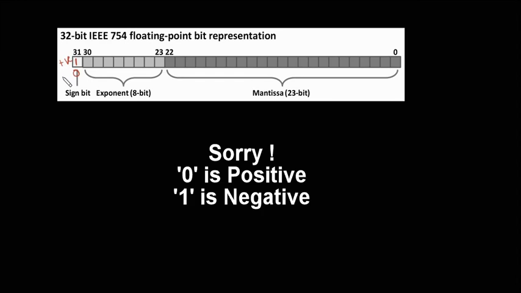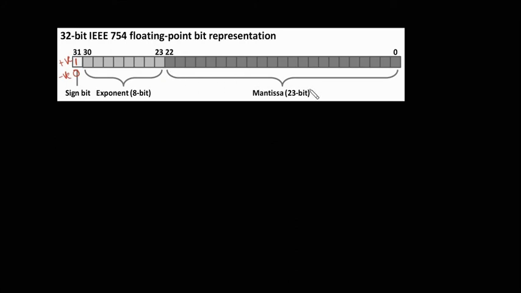If it is 0, then it is considered as a positive value. This is the exponent value, and this is a fraction. It is also called mantissa or fraction. The total size of this word is 32 bits. We have allocated 23 bits for the fraction, 8 bits for the exponent, and 1 sign bit.